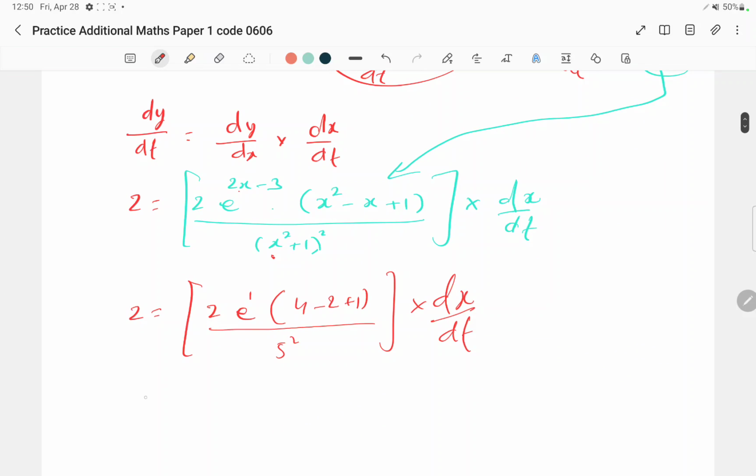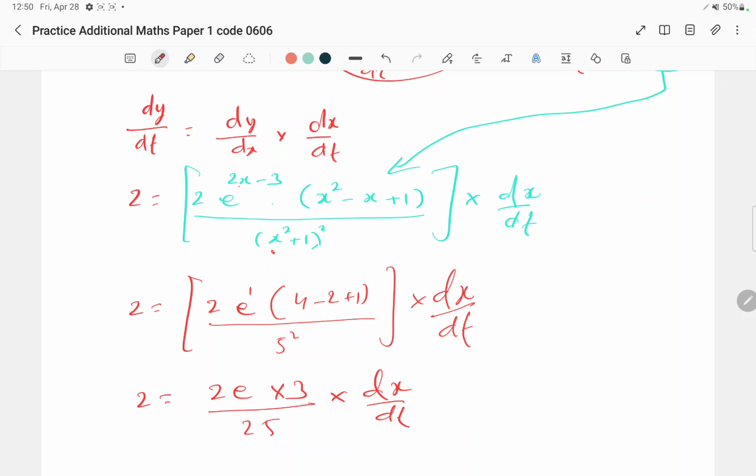Now finally what we get is 2e and 4 plus 1, 5, 5 minus 2, that's 3 over 25, and then this is dx over dt.